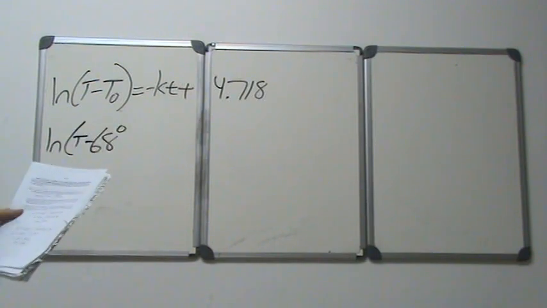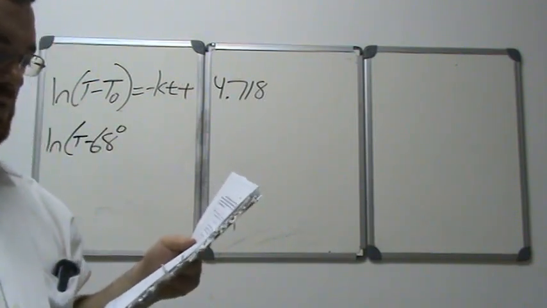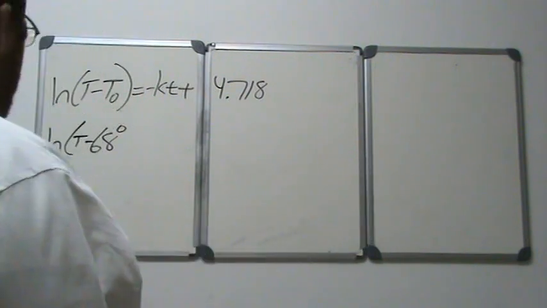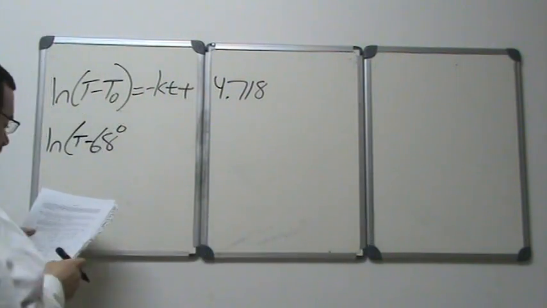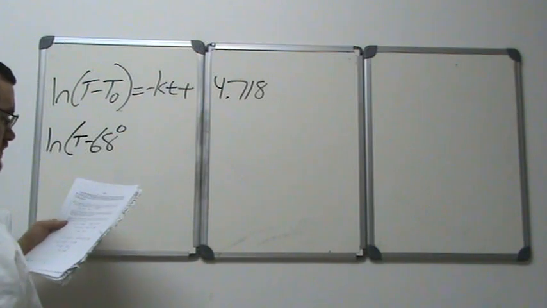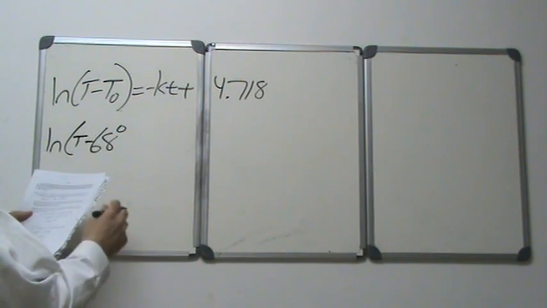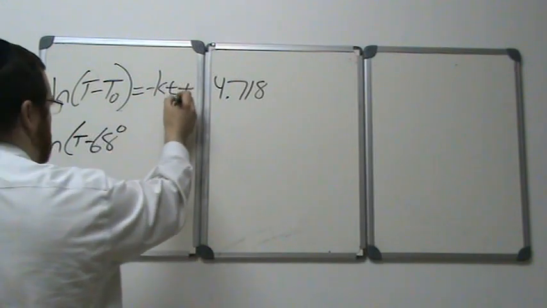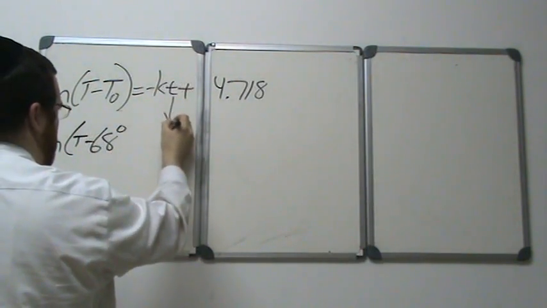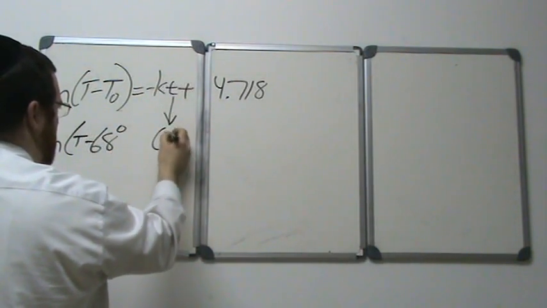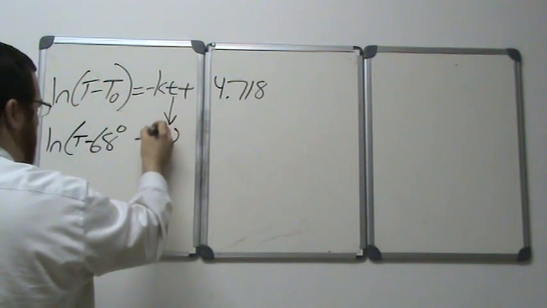Now, after 3 minutes, so we know what k is. K is a constant, and the small t is the amount of minutes. So after 3 minutes, this over here will be 3 times negative k.